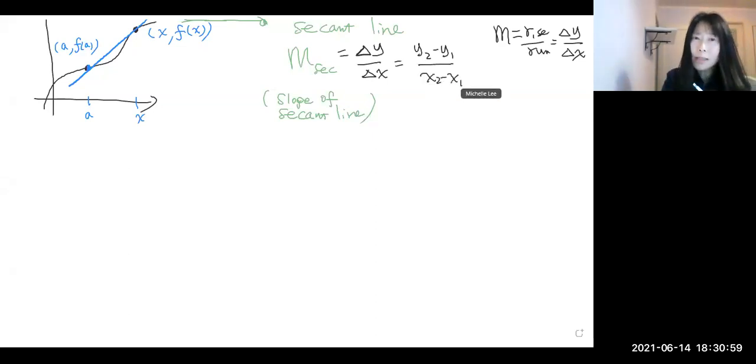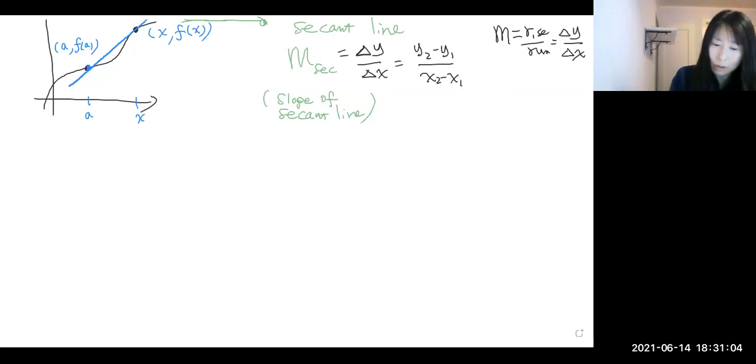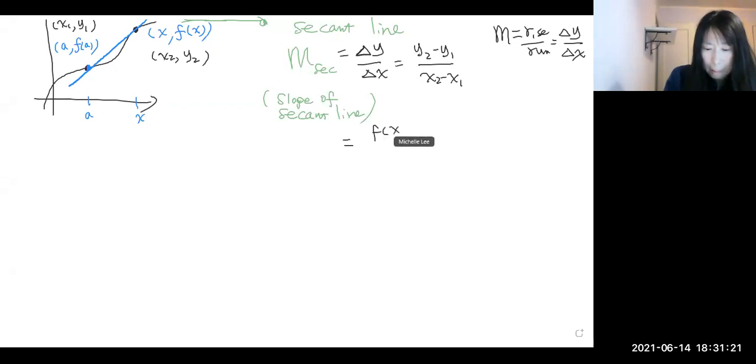Okay. Since in this case they're using function notation, look, this is x1, y1, right? x2, y2, it's the same thing, okay? So that is y2, which is f of x, minus y1, which is f of a, over x2, which is x, minus x1, which is a, okay?